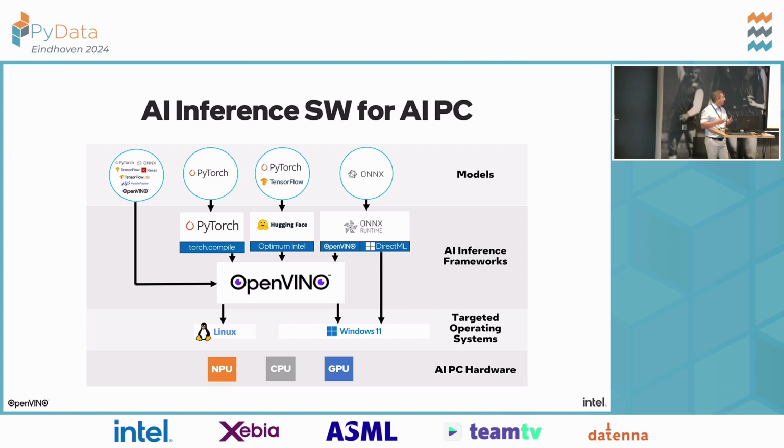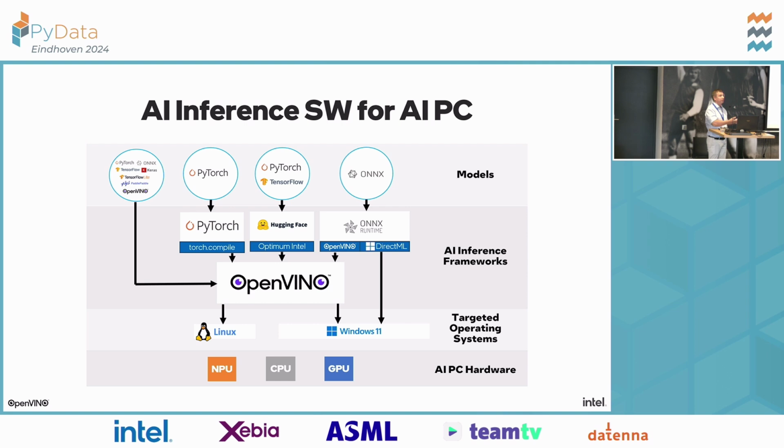And running these models on Linux or Windows, it's possible to deploy the models on NPU, CPU, and GPU. And basically, this is very simple. So OpenVINO is a great toolkit for AI inference, and at the same time, it's very easy.